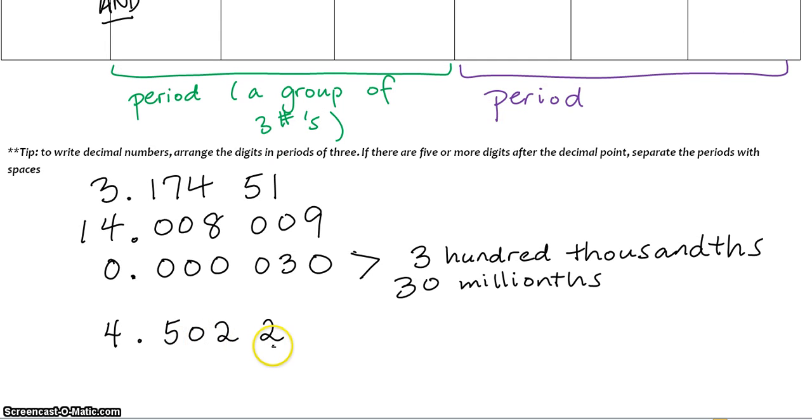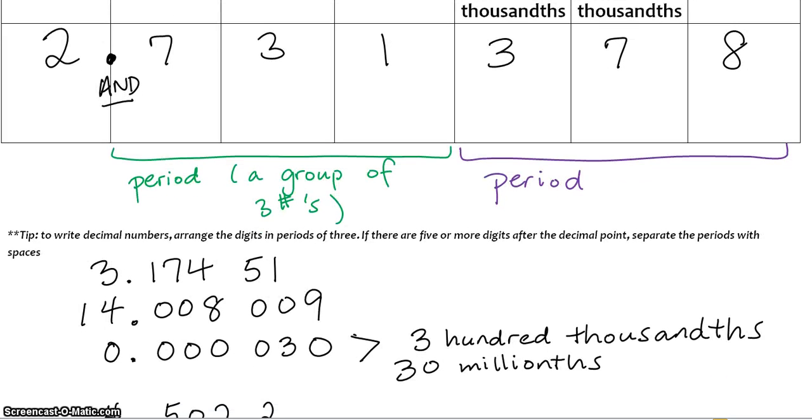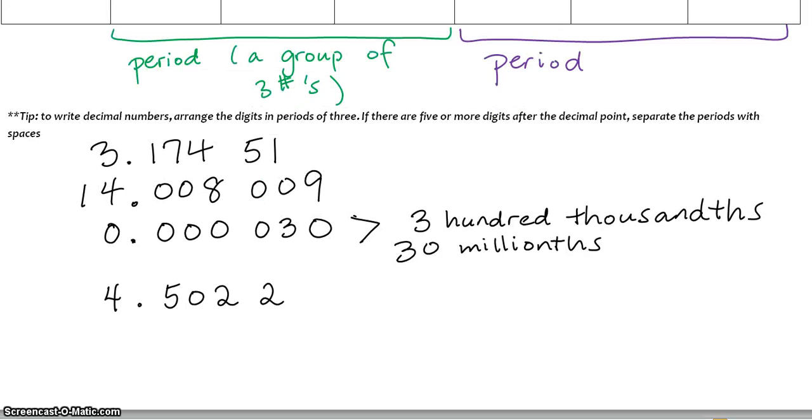Notice here I split it up intentionally between the thousandths and the 10 thousandths because that goes into the next period. Okay, make sure too that when you're ordering decimal numbers, or putting them in order or determining greatest and least, that you're referring to a place value chart if you need to, to see which decimal number is bigger than the other. And that is the end of our recording.